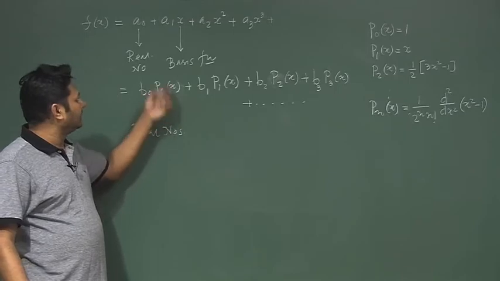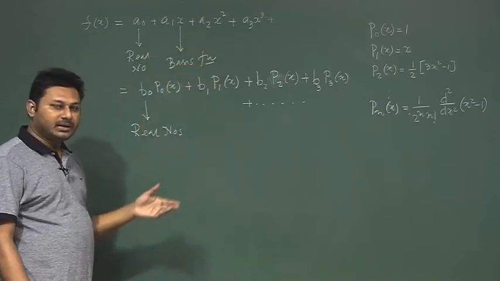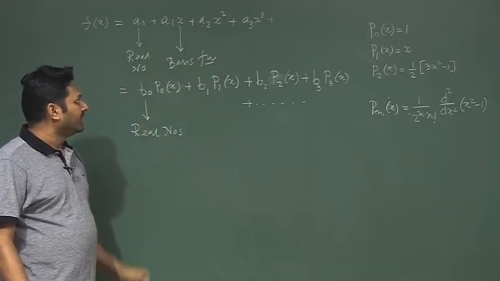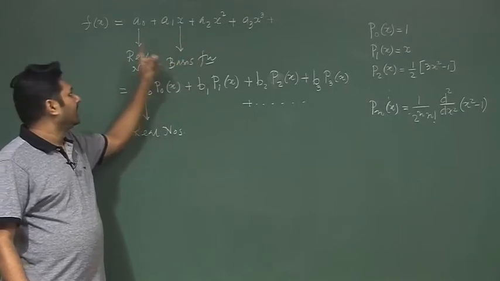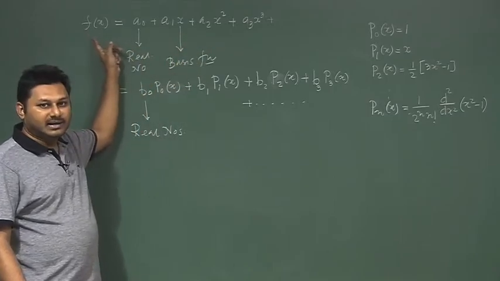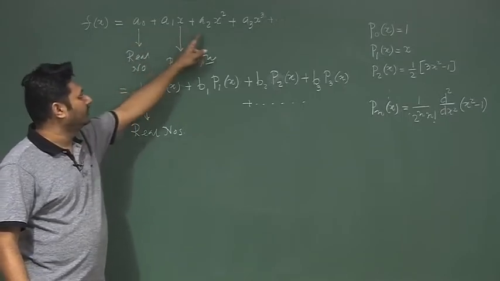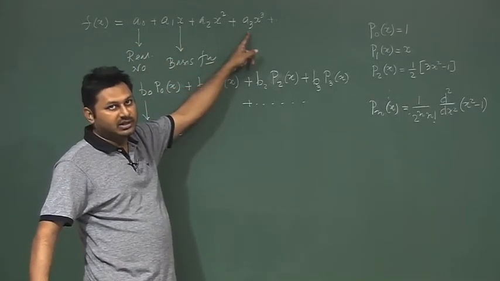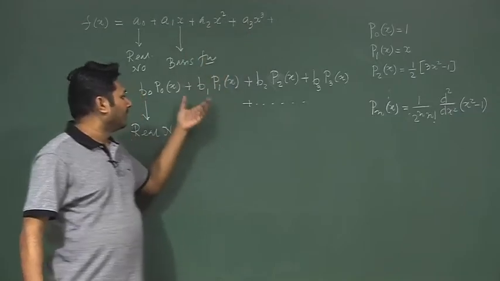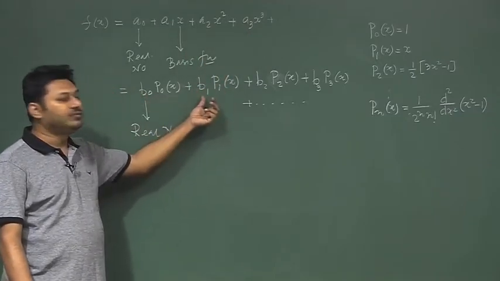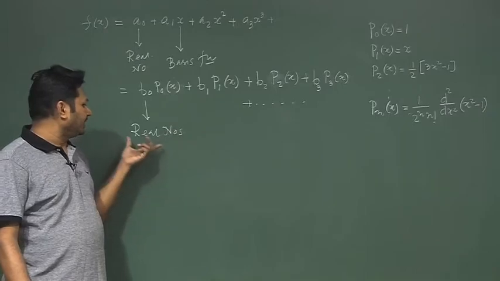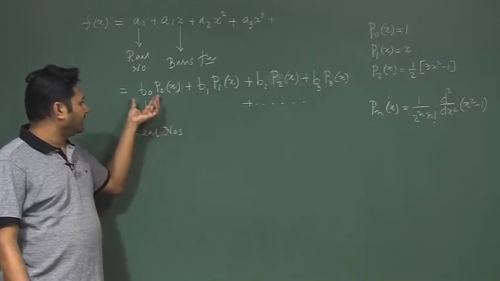If they are equal, then this has to be the same. We also proved that in our previous class: in one particular basis, the function or a vector can be expressed uniquely. Uniquely means this value is not going to change every time for a fixed basis, but if I change the basis, this coefficient is going to change. So, now I need to write some different notation.